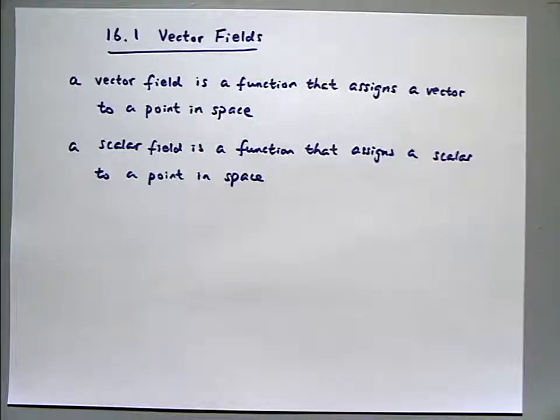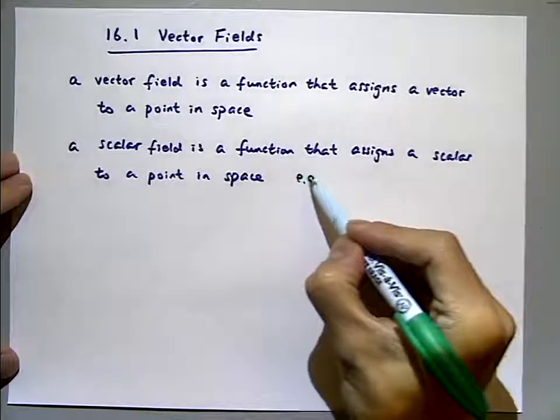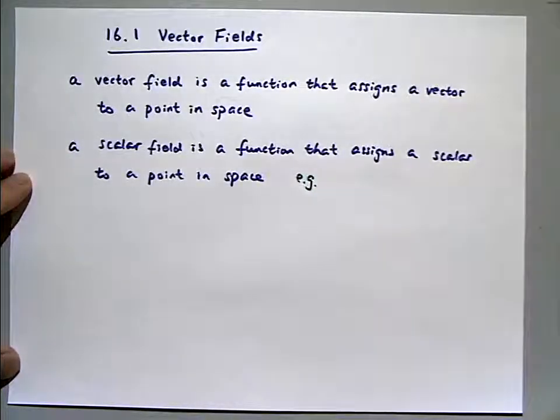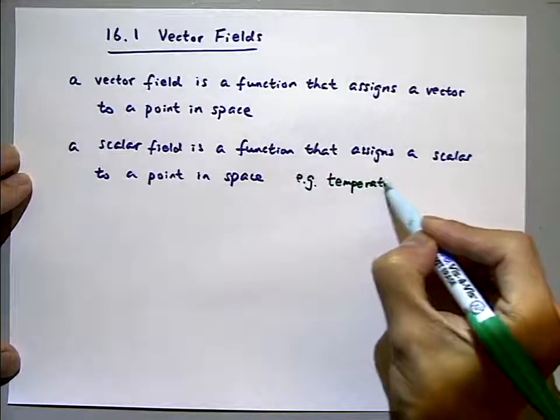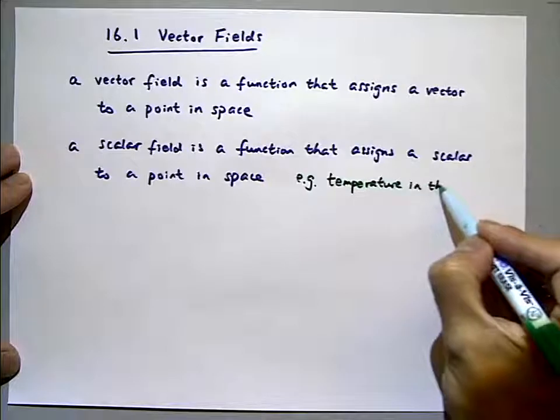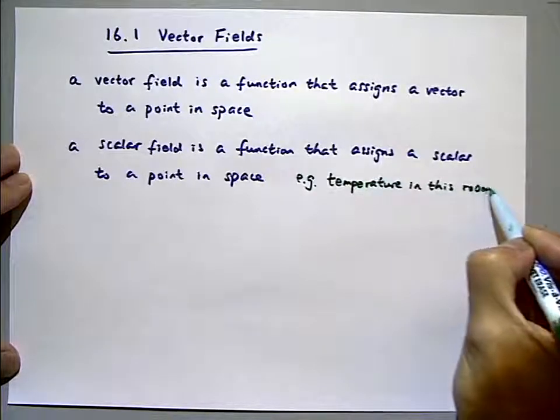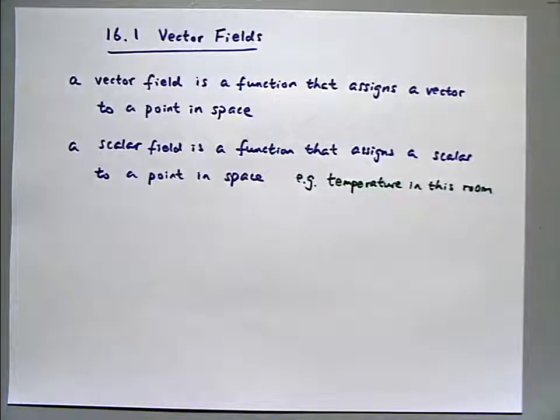So for example, a scalar field could be, say, the temperature in this room. If you have an instrument that can measure the temperature, you go to each location in this room and you measure the temperature.